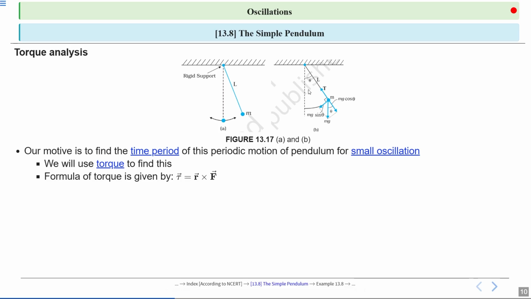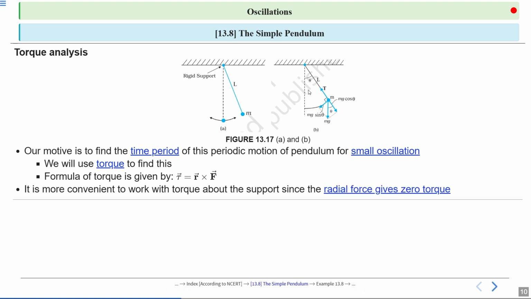So the formula for torque is given by tau equal to R cross F. Here R is the position vector, F is the force. It's often easier to calculate torque about the support point because the force acting along the string, called the radial force, does not create any torque.